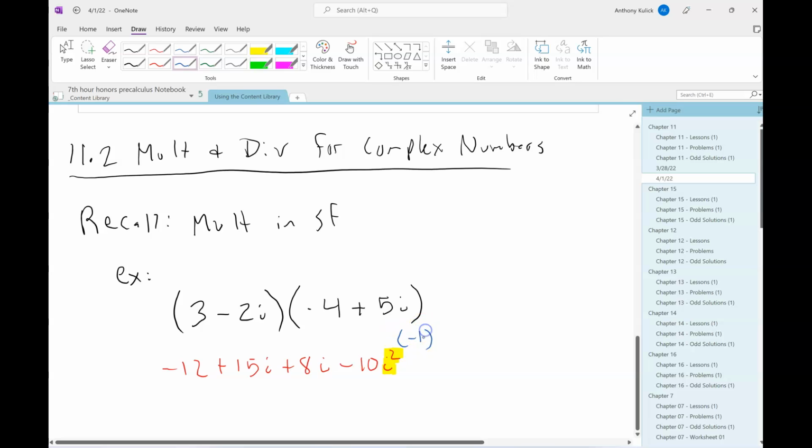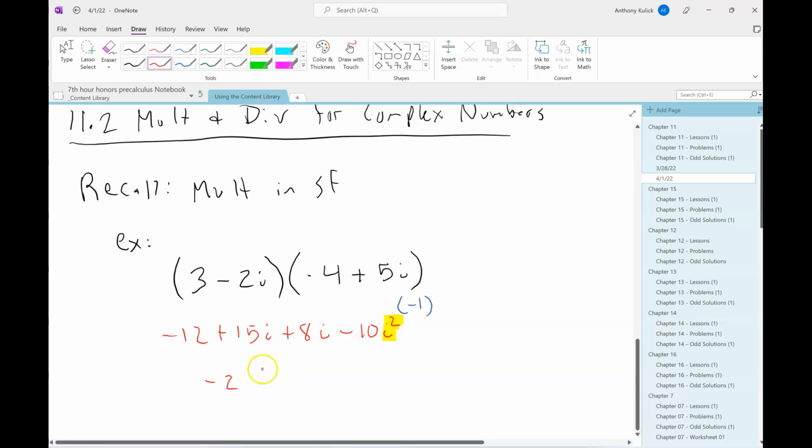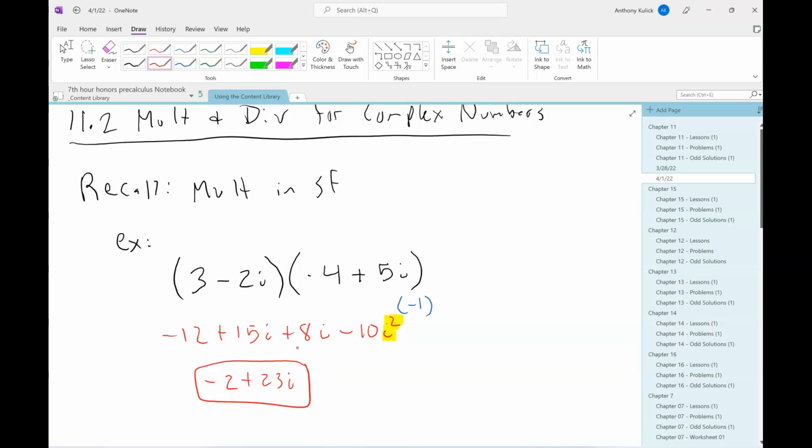Yep, we talked about that yesterday. You'll need to remember that. And now I can just combine like terms. So I have negative 12 minus a negative 10, so that's negative 2. And then 15i plus 8i is 23i. Is that cool with you guys?